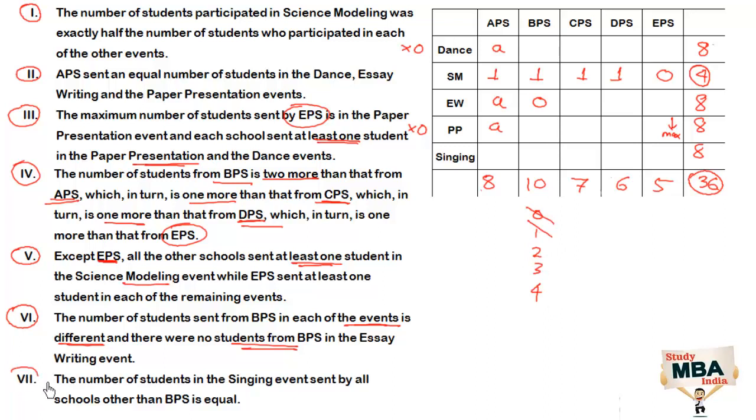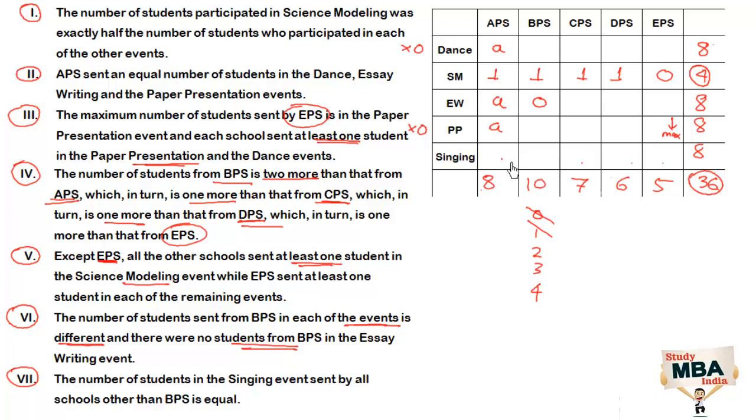Now let's take the 7th and the last condition. It says that the number of students in the singing event sent by all schools other than BPS is equal. So if I look at singing other than BPS, then all the values at these 4 cells have to be equal. Now if the value is say 1, then 1 plus 1 plus 1 plus 1 will make it 4. But the total of these 5 has to be 8, right? In that case, we have to put the value 4 here, right?